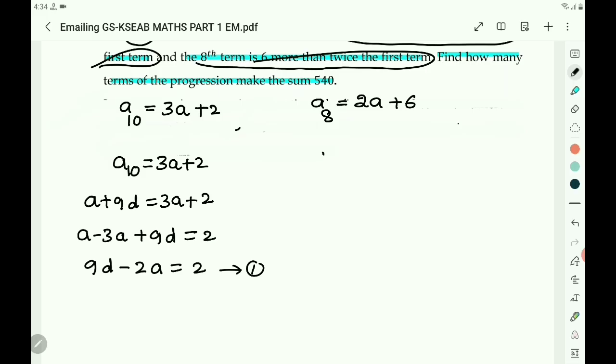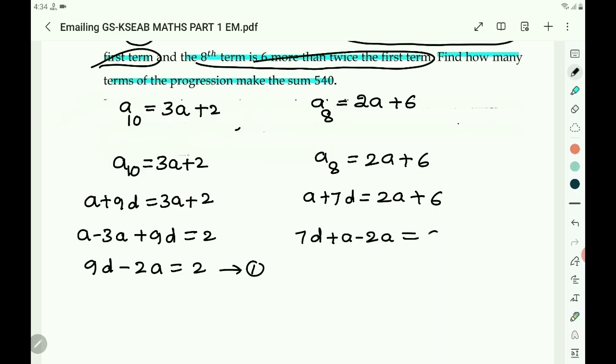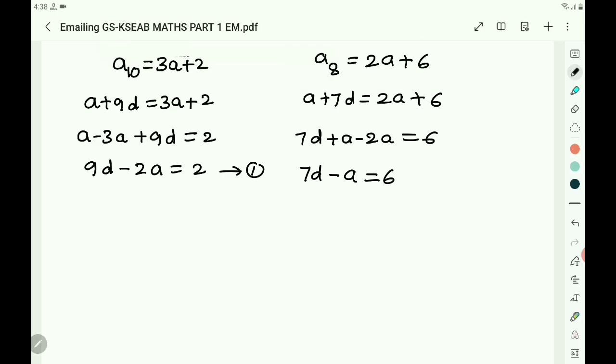Then you take the second relation, a8 equals 2a plus 6. a8 is a plus 7d equals 2a plus 6. Then you transfer this one, that becomes 7d plus a minus 2a equals 6. That equals 7d minus a equals 6.